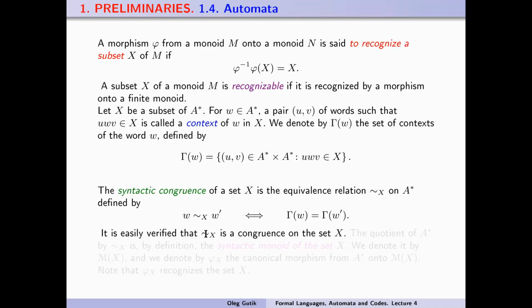It is easily verified that such a relation is a congruence on the set X, and I propose you prove this as exercise 6 here: that such a relation is a congruence on the set X.